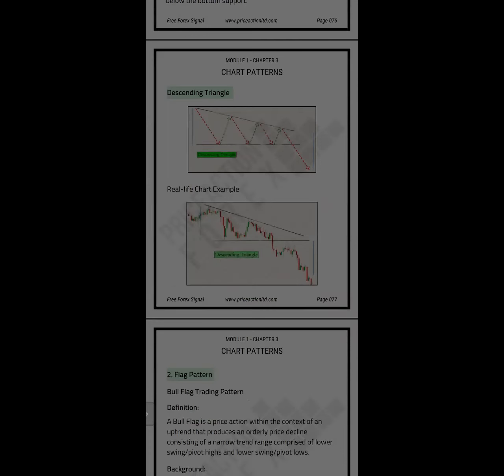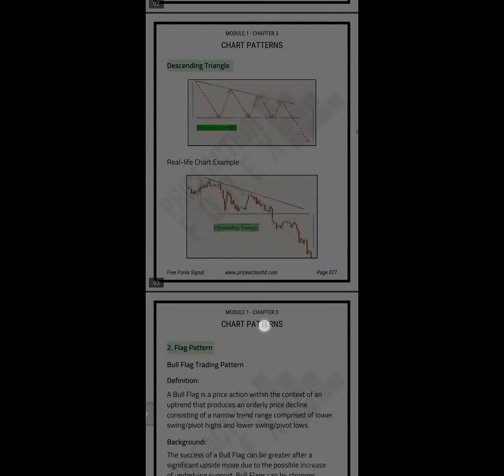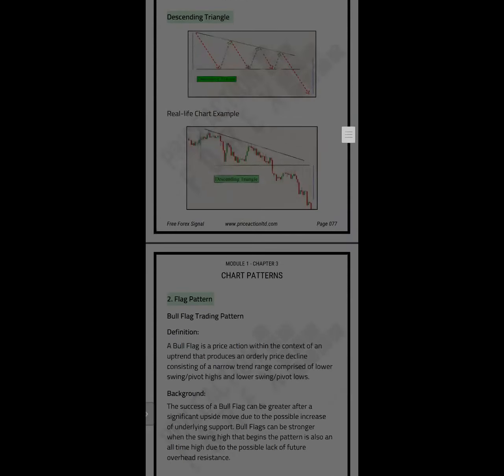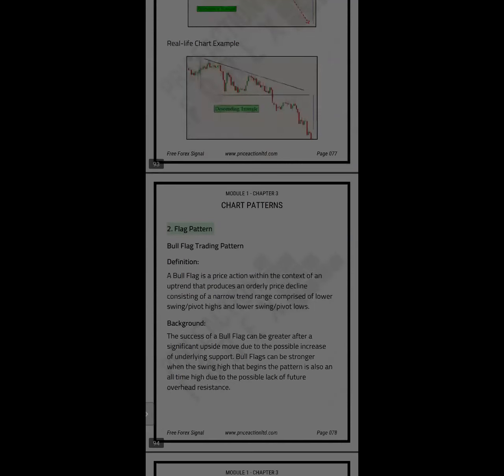So I think we have two major flag patterns, which are the bull flag, used for a bullish entry orientation, and the bear flag pattern, used to identify when to sell, or a bearish entry, or a bearish continuation. So before that, let's just start with the bull flag trading pattern.